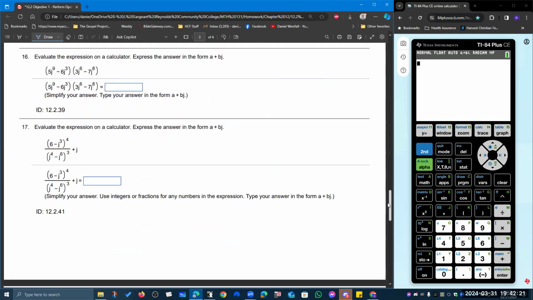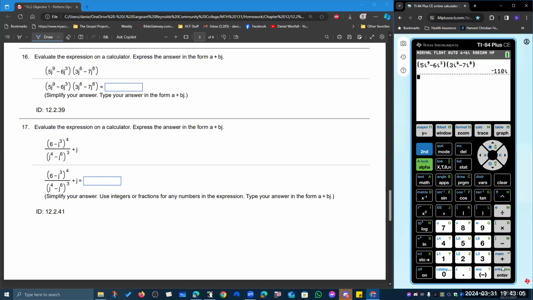Okay, now we're on to the calculator problems. So we want 5i to the 9th minus 6i to the 3rd times 3i to the 6th minus 7i to the 8th.